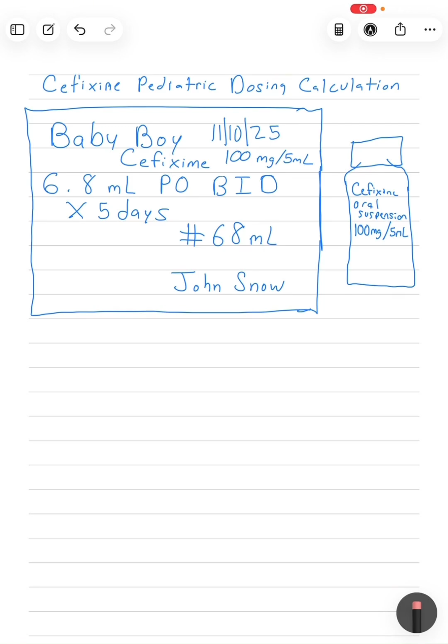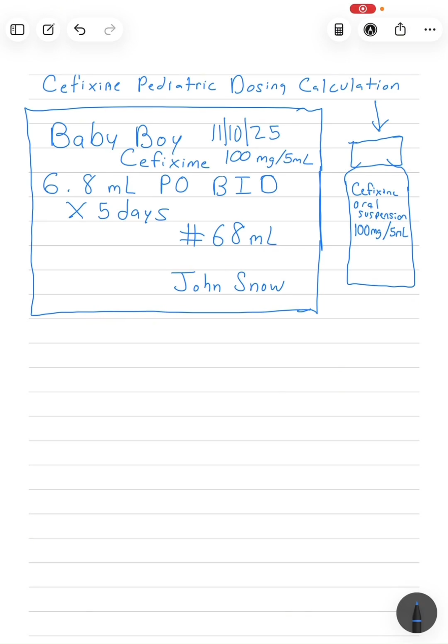Let's pretend that you're the pharmacist working and you get a prescription for baby boy with the date of birth of November 10, 2025. The medication is Cefixime. It's a concentration of 100 milligrams per 5 ml. As you can see, this is our medication bottle over here. It's Cefixime oral suspension, and there's 100 milligrams per 5 ml.